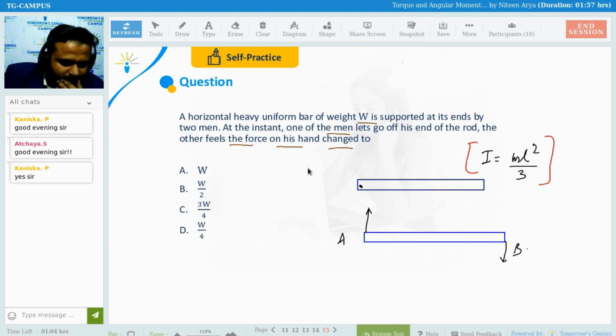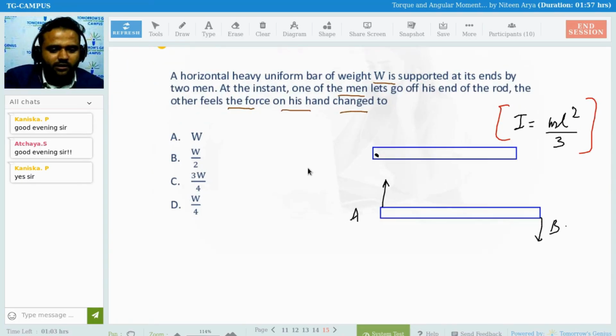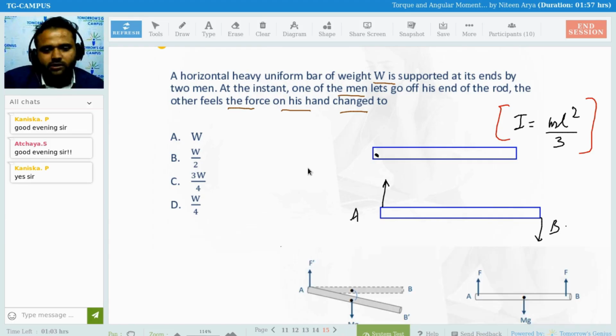First of all, we find the alpha, which is the angular acceleration, and then we correlate it with the linear acceleration. Clear? And then we put it into the final equation to find the force, because the net force, whenever it is tilted, is going to look somewhere like this. The correct answer is D, but you should know the process.